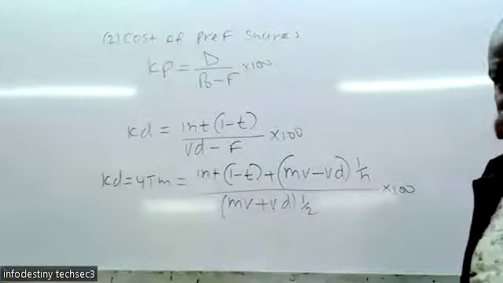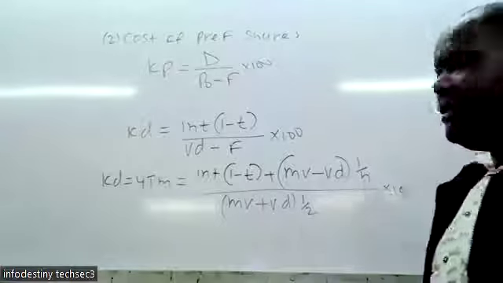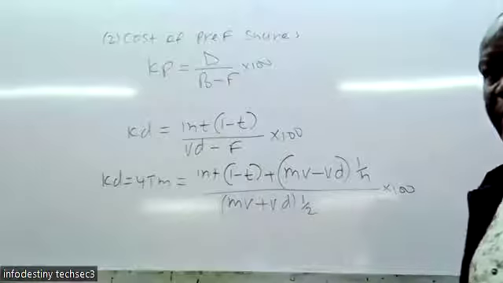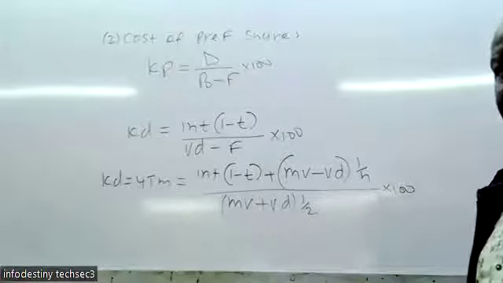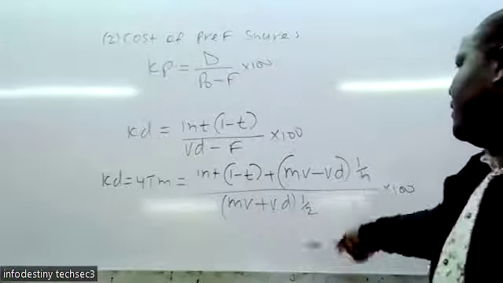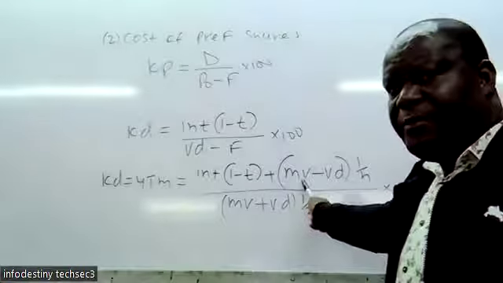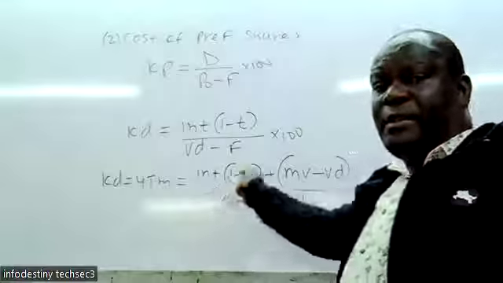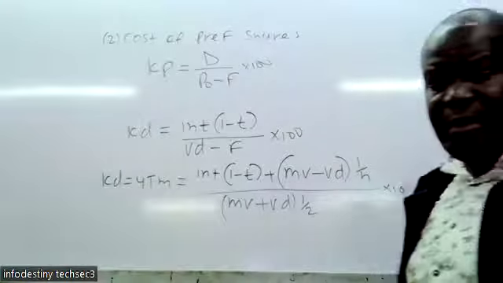N is the maturity period. This is the maturity value, this is the current value, this one is the interest, and T is the corporate tax.